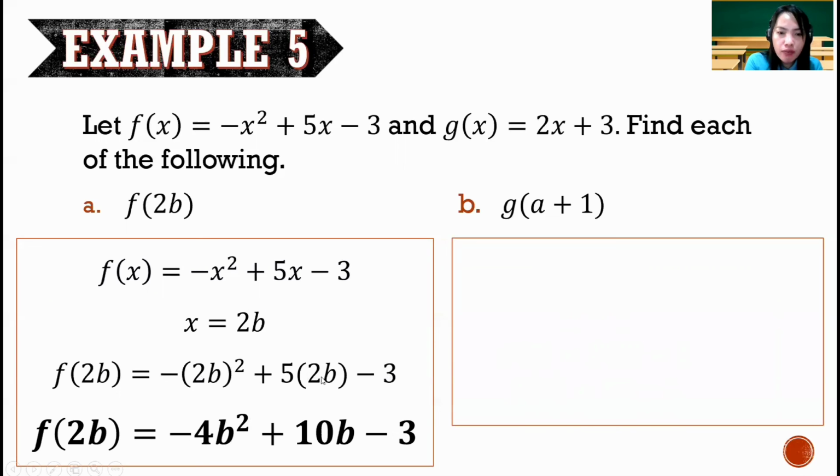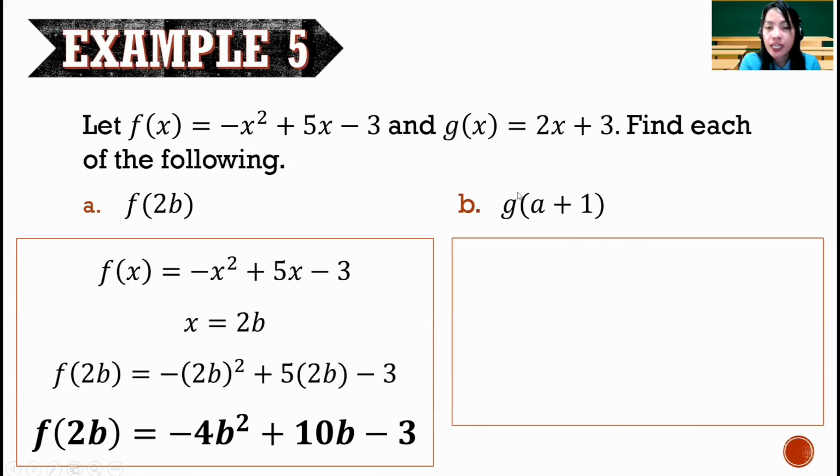Plus, 5 times 2 is 10. Then copy the variable b, minus 3. This is the final answer. If the x is 2b, and then this is the function, we have here f of 2b equals -4b squared plus 10b minus 3.